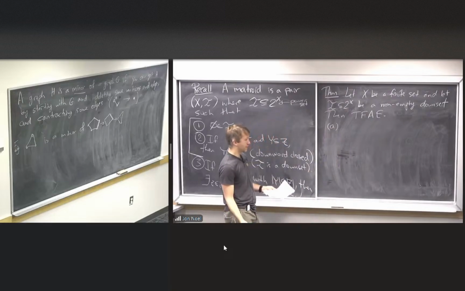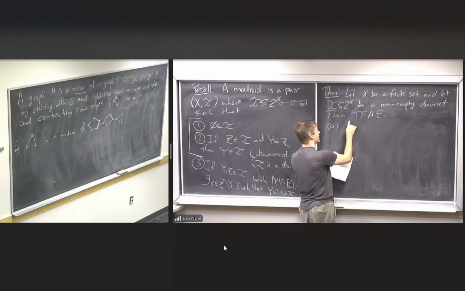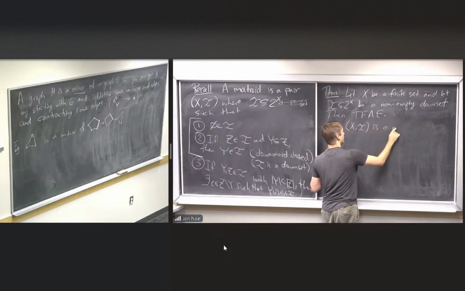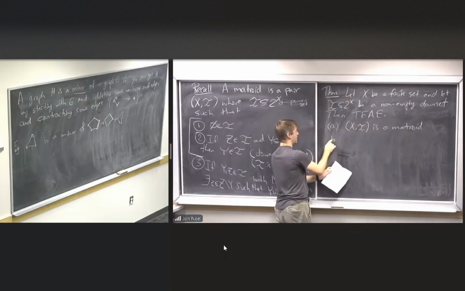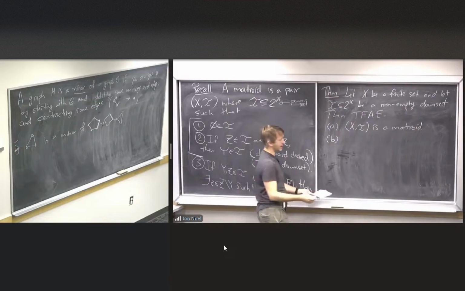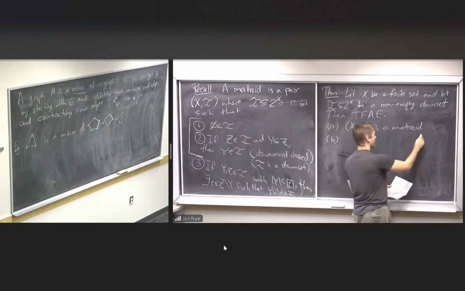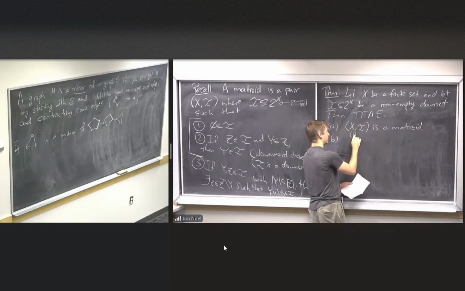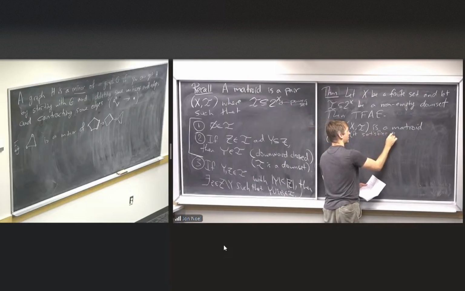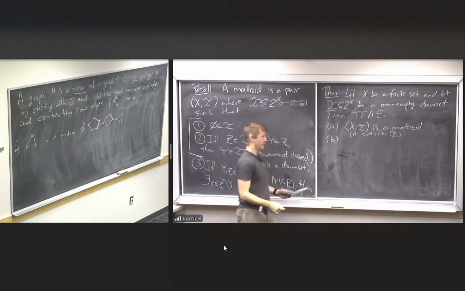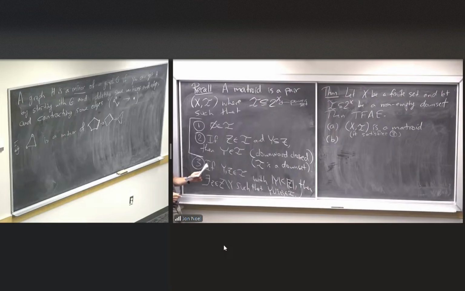Property A is the one I'm interested in, that I is a matroid, meaning that it satisfies property 3 over there, because it already satisfies the first two.